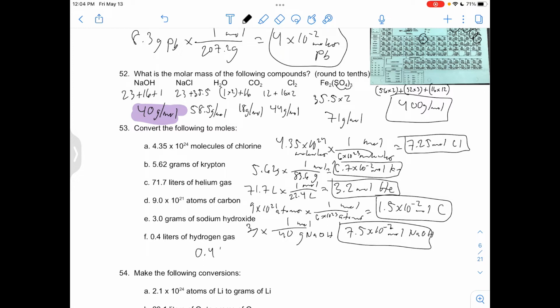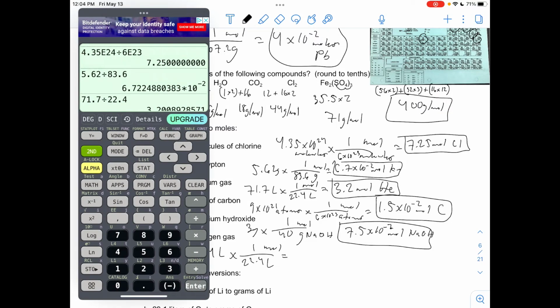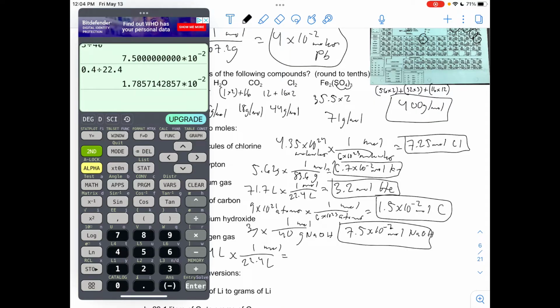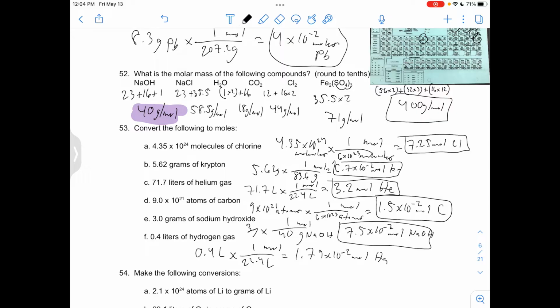Next, 0.4 liters of hydrogen gas. Again, it's 22.4, as long as it's a gas. 0.4 divided by 22.4 is 1.79 times 10 to the negative 2 moles of H2.